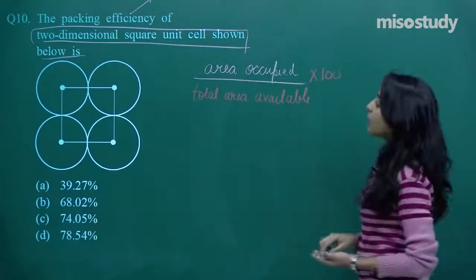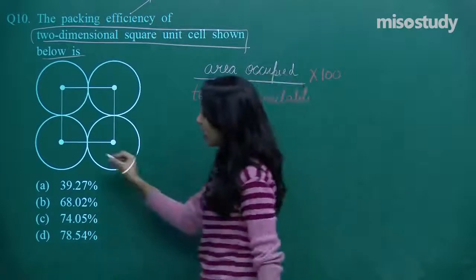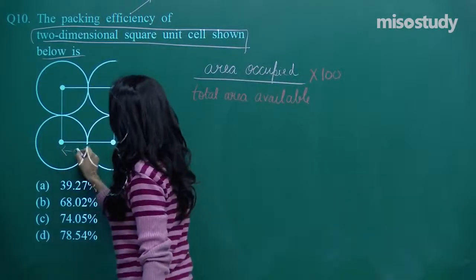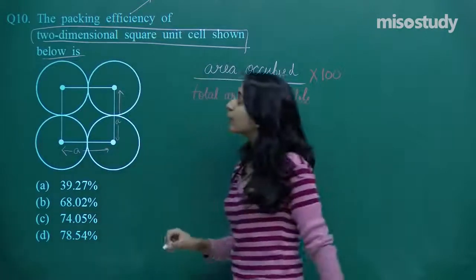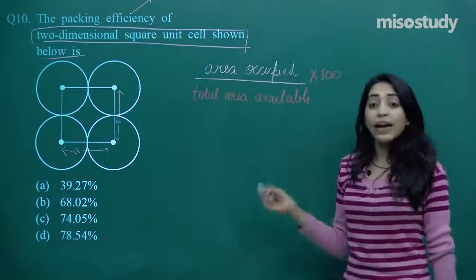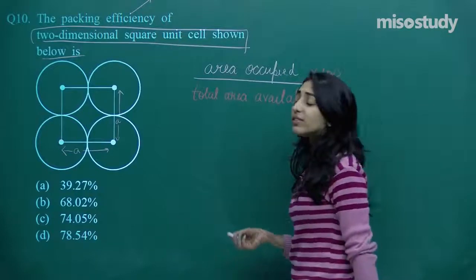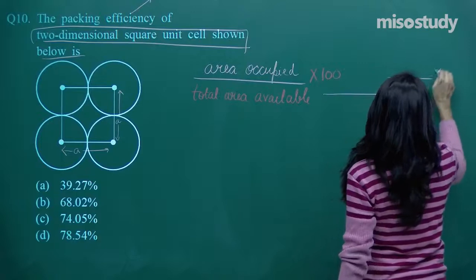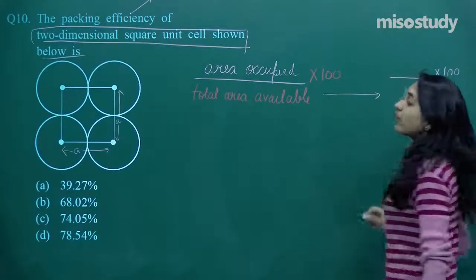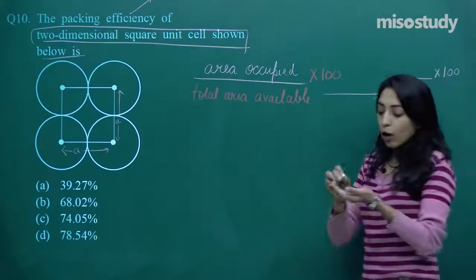Okay. By the way, what is the total area available? Can I consider the edge length to be a? And this is also a since it's a cubic unit cell, right? Now if the edge length is a and a, what's the area of a square? You can say area of a square can be written as a square.